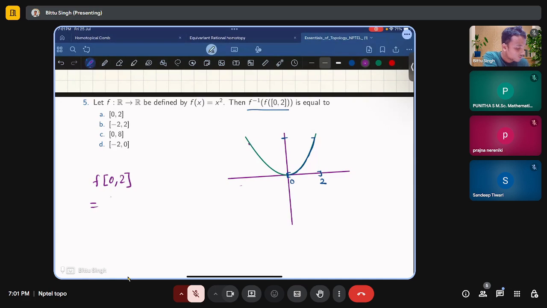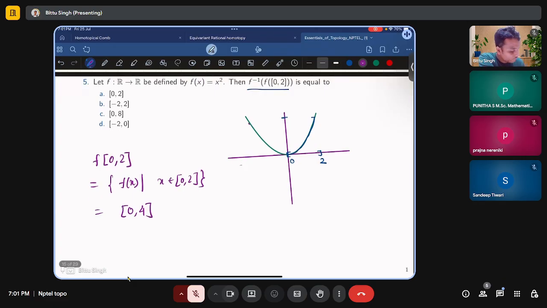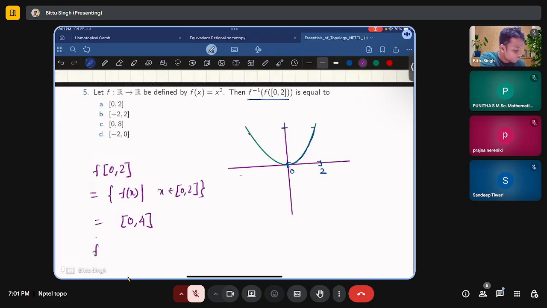It means apply f here. So f of [0, 2] means all f of x such that x belongs to this closed interval. So this is the closed interval [0, 4], right? Now we take f inverse of this, f inverse of f of [0, 2].